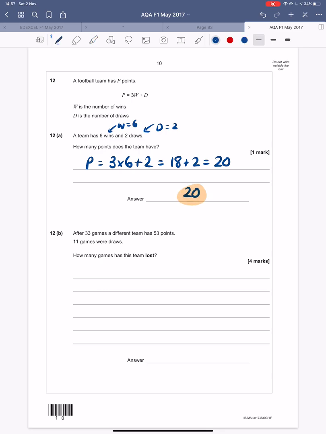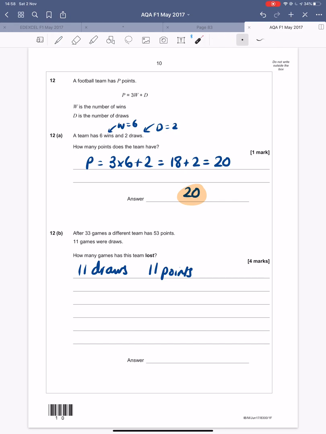Okay. After 33 games, a different team has 53 points, and 11 games are drawn. How many games has this team lost? So 11 draws, because it's 1 point for a draw, it's going to be 11 points.